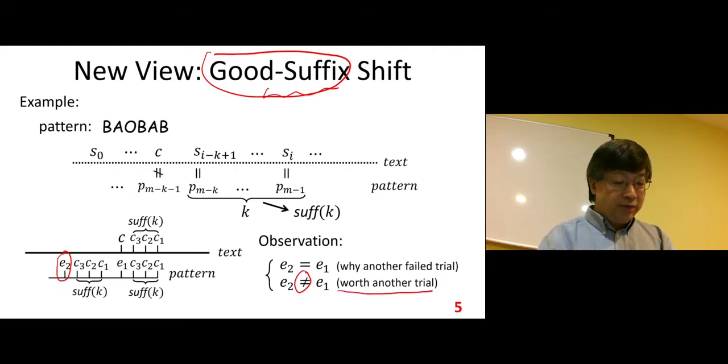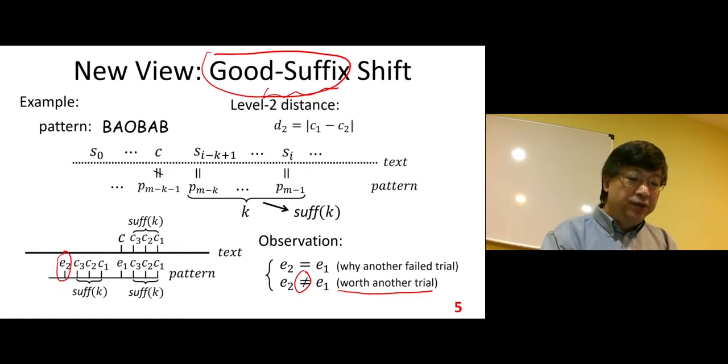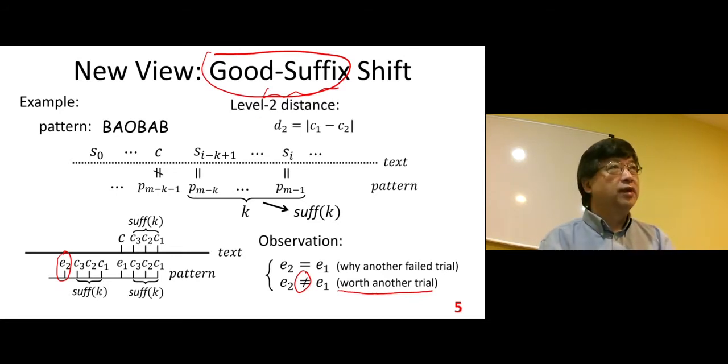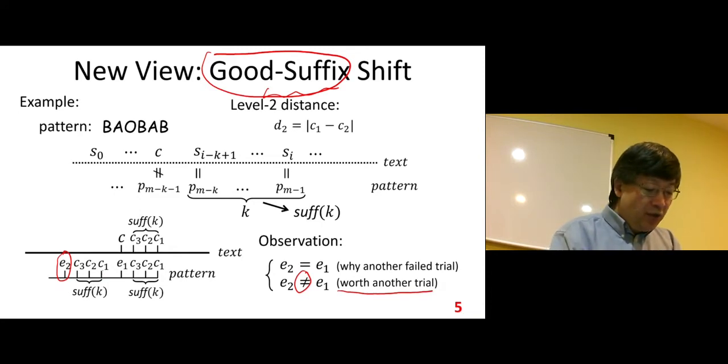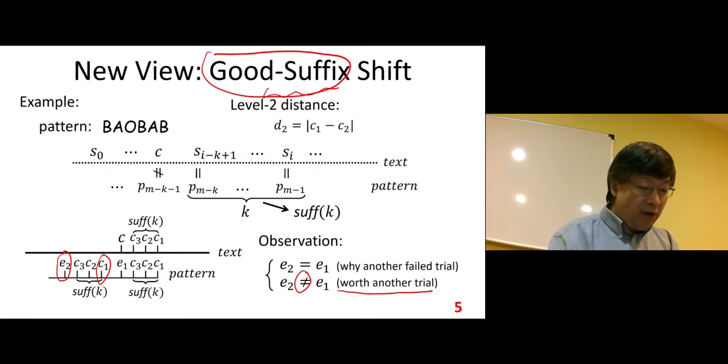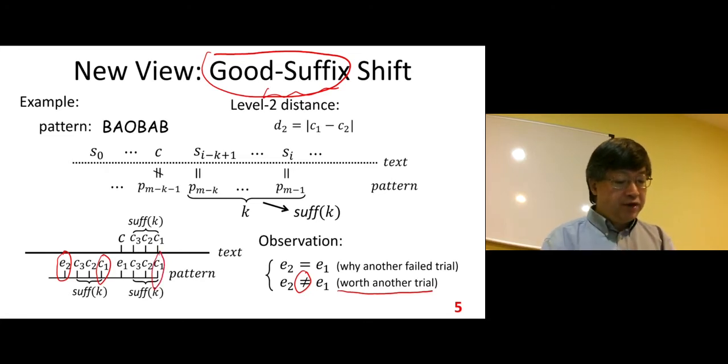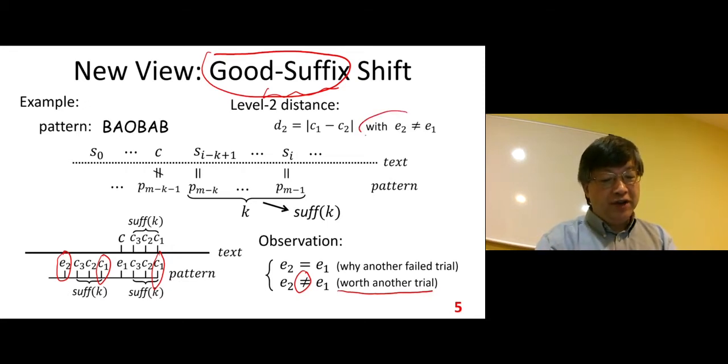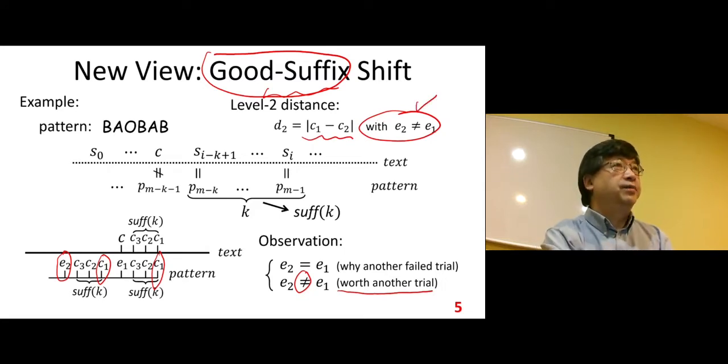Based on this observation, we define our level 2 distance, D2: the C1 in the second suffix pattern minus C1 in the first suffix subpattern, with this condition. When you define it this way, make sure this condition is satisfied.